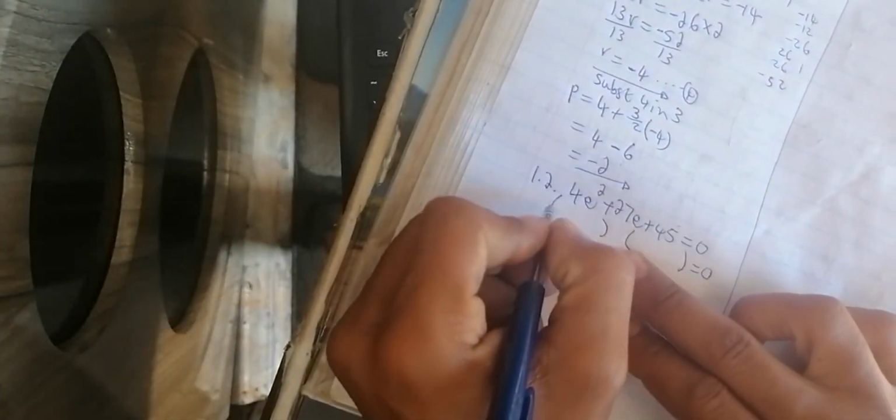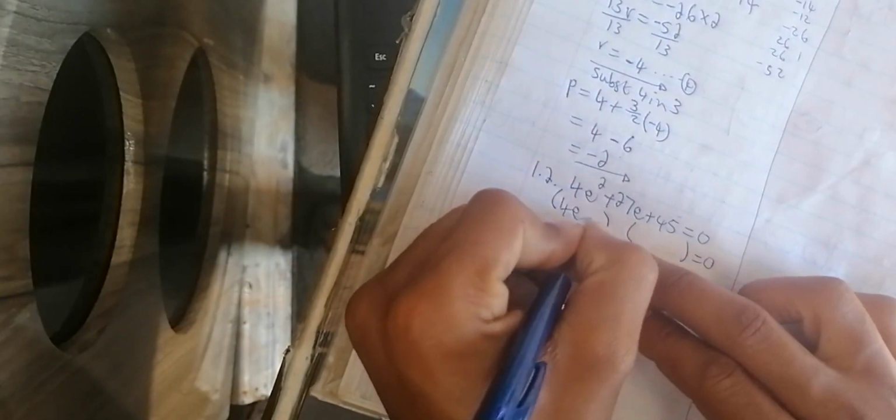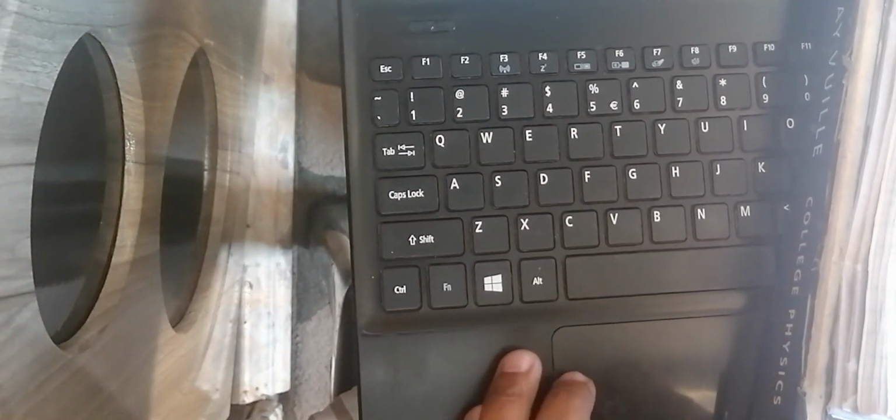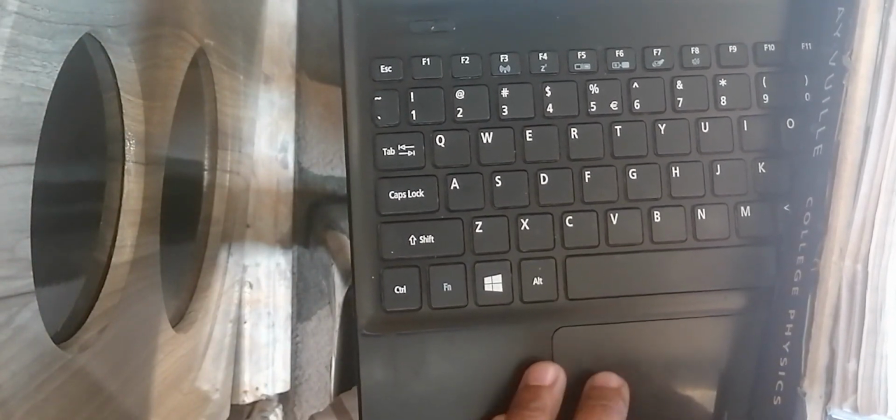And you would get a value of minus 3. So meaning we have 4e and e, this is positive 3. And let me just go and substitute a positive with a negative.